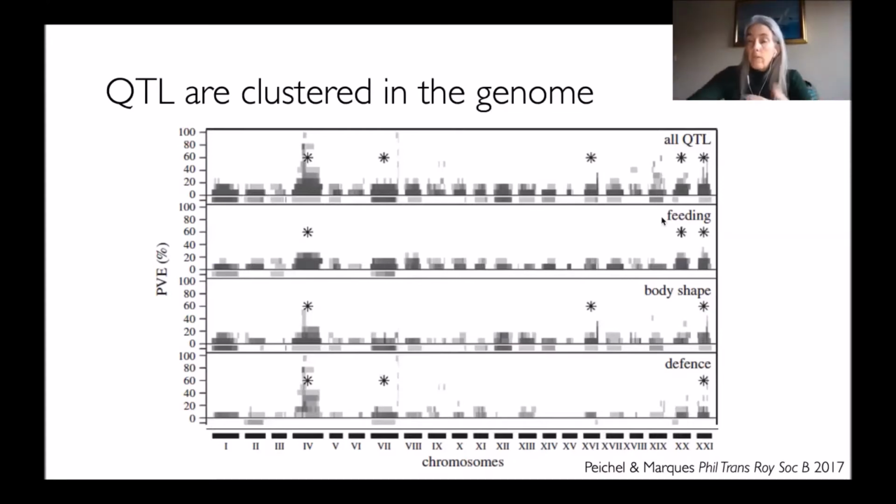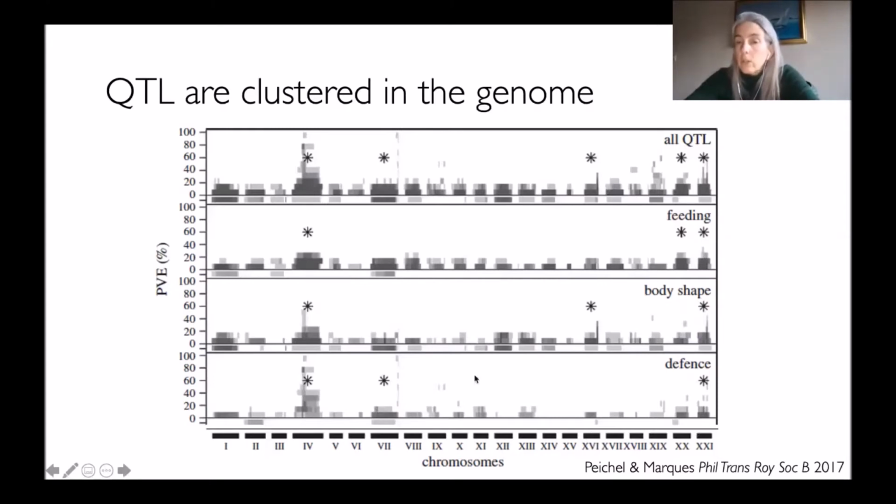But we do find that there are specific chromosomes where you find more QTL than we expected, either given the number of genes on that chromosome or just the total length. So chromosomes 4, 7, 16, 20, and 21 are where we find these clusters of QTL. Interestingly, two of these clusters, on chromosomes 4 and 21, are found across all sorts of trait categories, whereas the cluster on chromosome 7 seems to be more associated with defense traits.